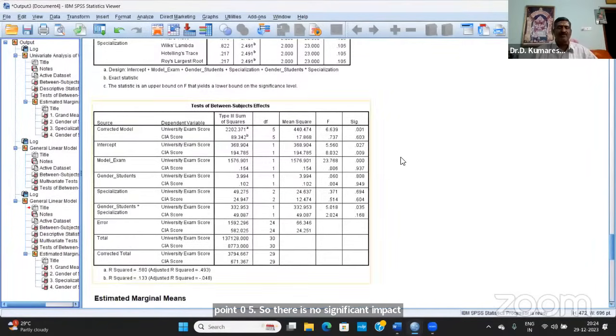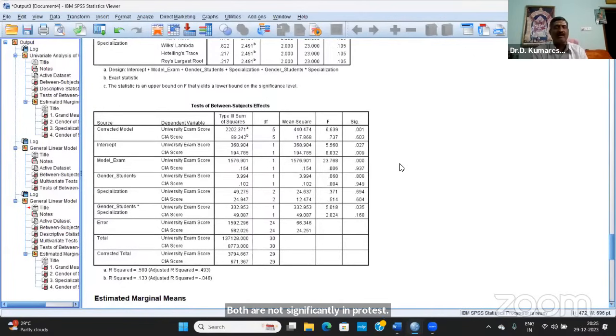Then come to the results. It is same as already discussed. Model exam has made significant impact on university exam, but not significantly impacting the CAA score. General exam, gender of students, both are not significantly influenced.